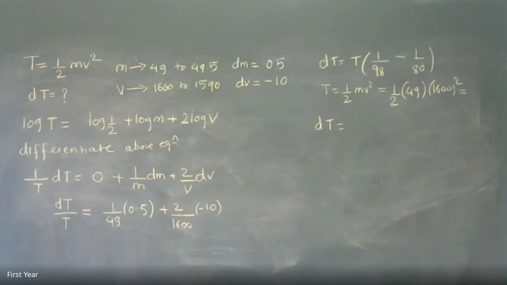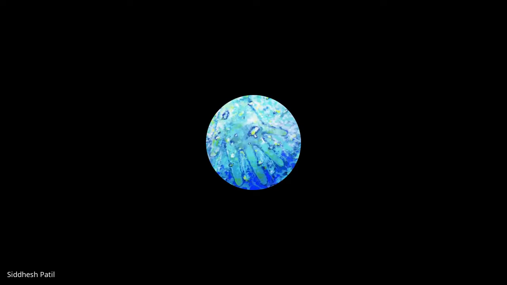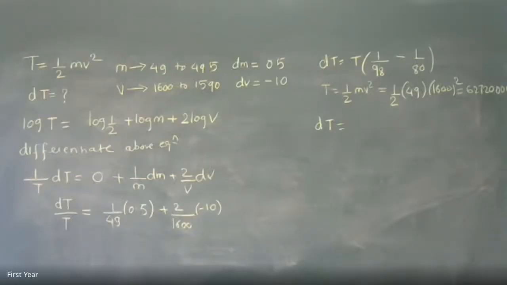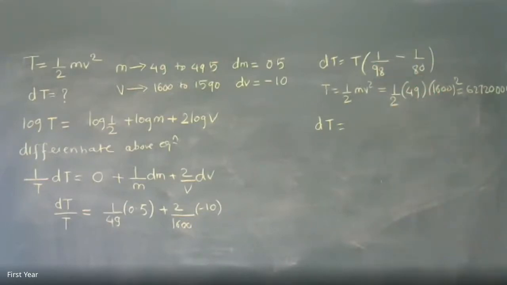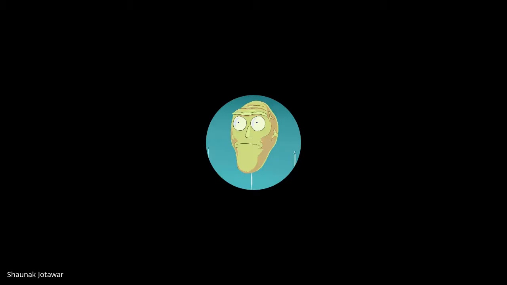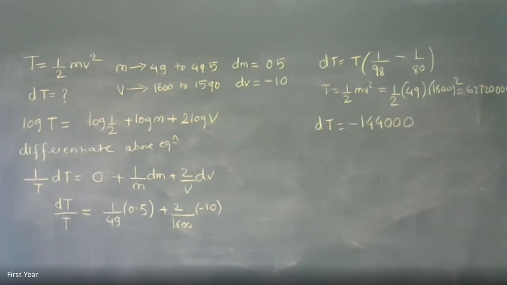It comes to 62720000. Therefore, what will be dT? Multiply this by 1 by 98 minus 1 by 80. Minus 144,000. Absolutely right. That's your change in T.